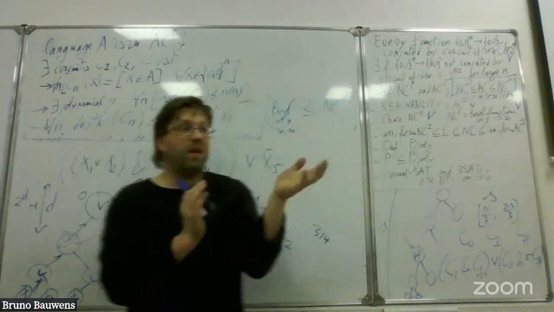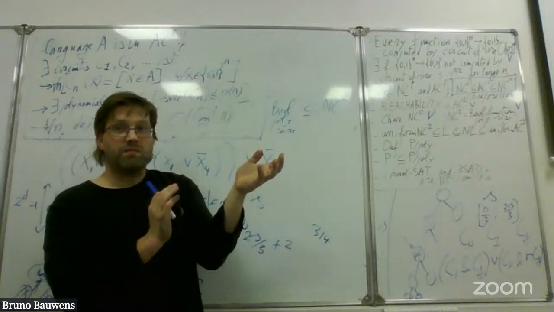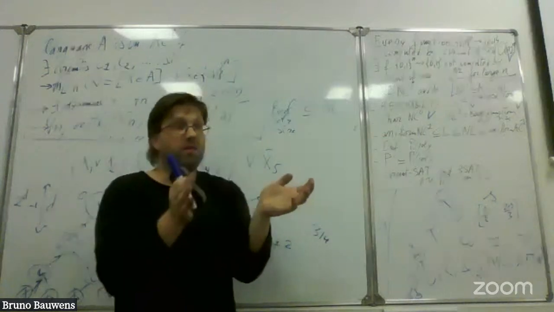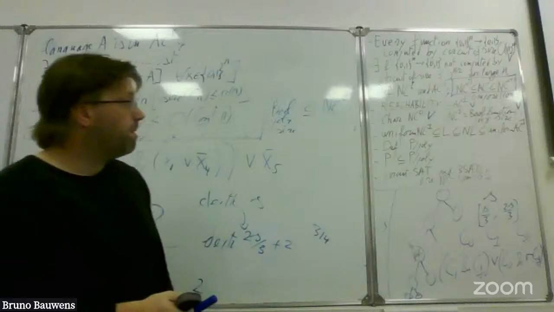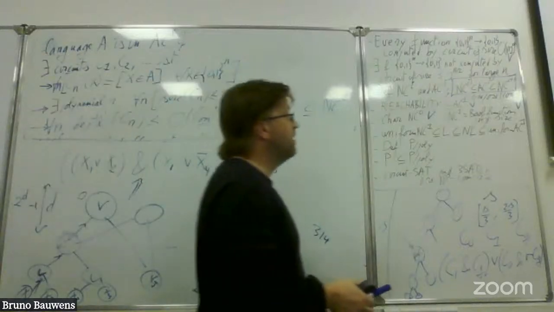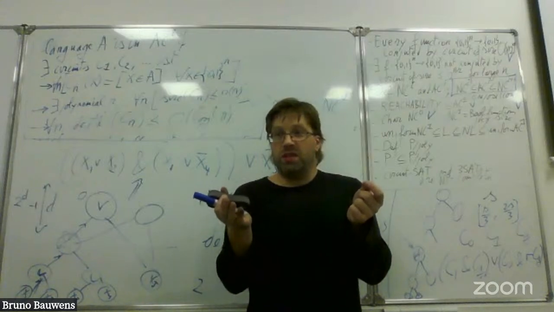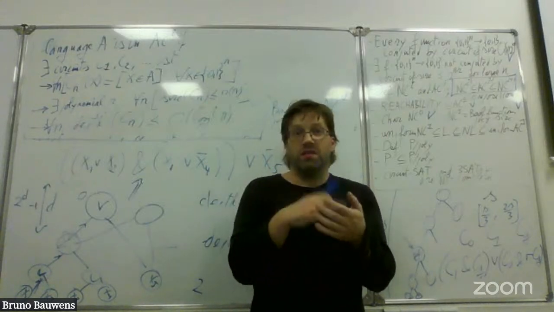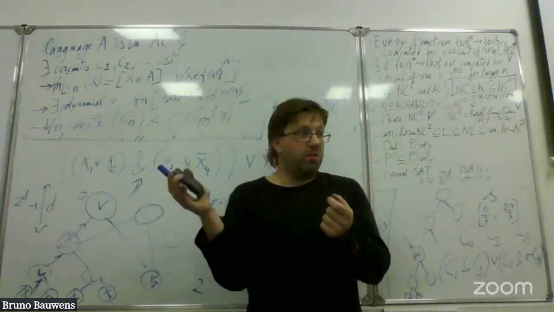But why do we have a polynomial amount of configurations? This is by definition of a log space machine. If it has logarithmic memory that it can use, then the number of states is a constant to the power log, which is polynomial.